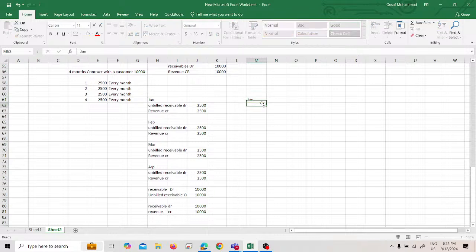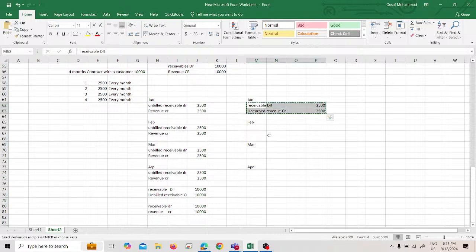So the entry goes like this: the bill has been created, receivable debit to unearned revenue, unearned revenue credited of $2,500. The same entry will be done in the Feb month, the same entry in the March month, and the same entry in the April month. Still all the entries will be completed.